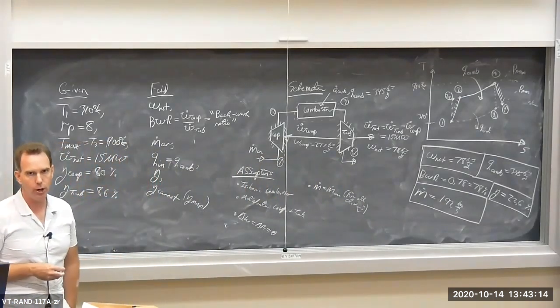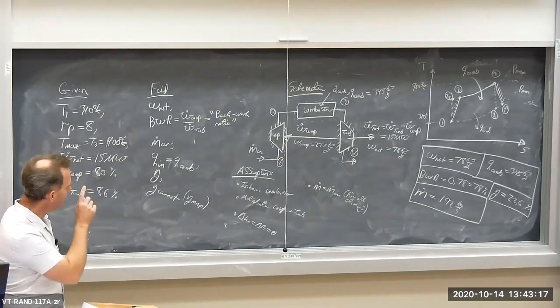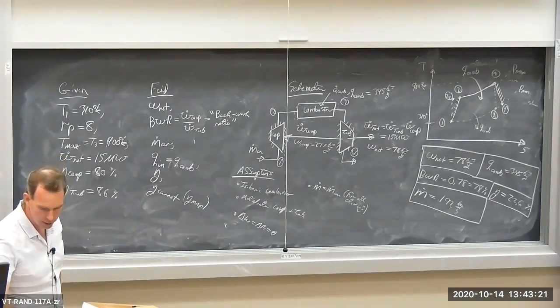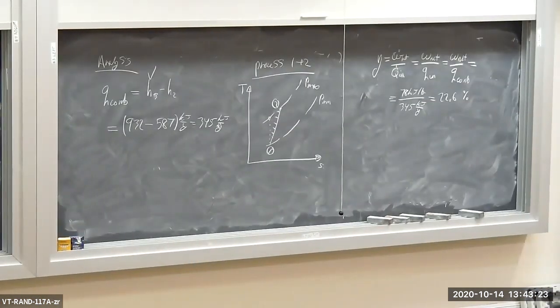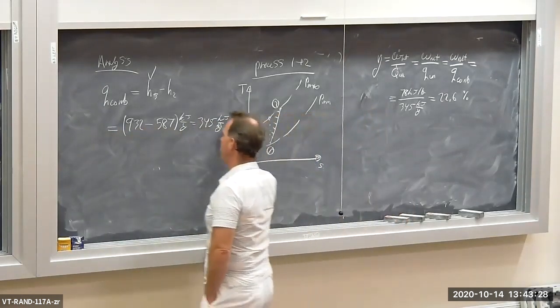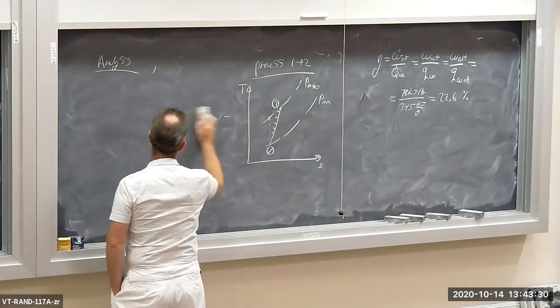Let's compare that to the Carnot cycle. Instead of this Brayton cycle with all these irreversibilities going on, what if we had a Carnot cycle doing the same thing?